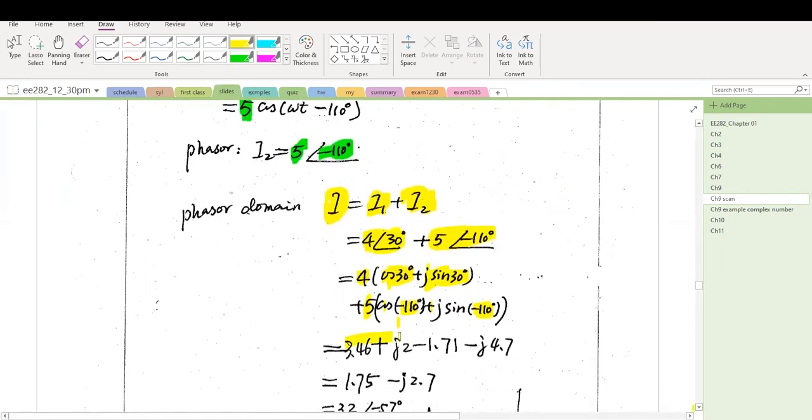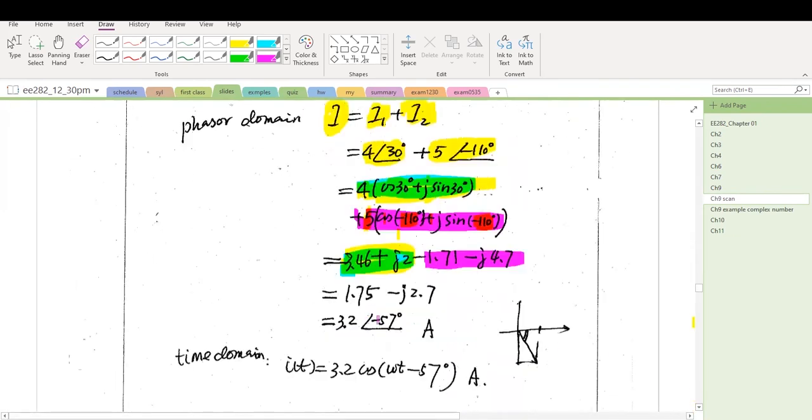The first portion gives a real part and an imaginary part, and the second portion also gives a real part and an imaginary part, and we add them together. That's the real part, and this is the imaginary part. The phase is minus 57 degrees because it's in the fourth quadrant. The magnitude is 3.2.